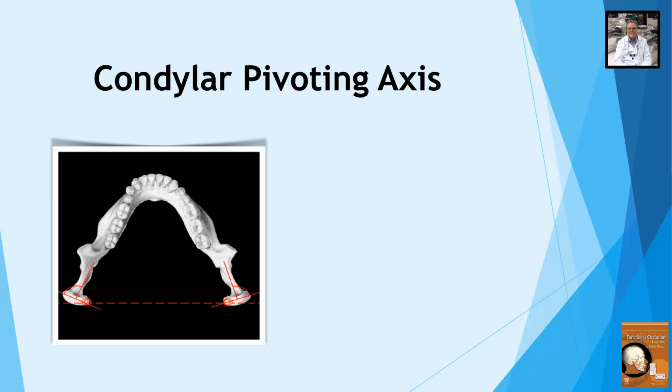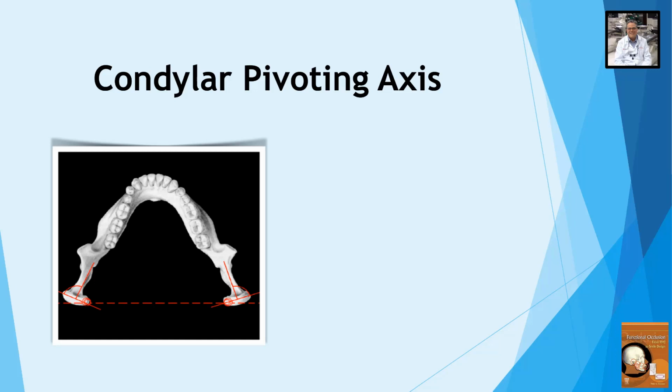Then, in order to understand that to the level that I believe is significant, we're going to talk a little bit about the pivoting axis. You'll notice that the ramus and the condylar head are at a 90-degree angle to each other.